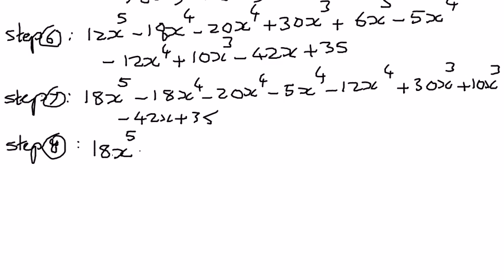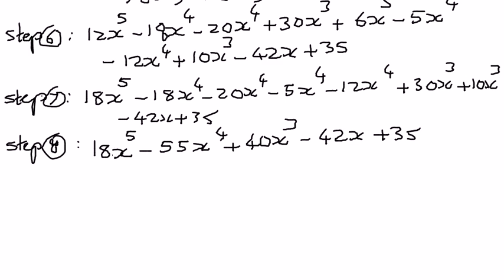When we add them up, it is going to come out as negative 55x to the power of 4. And then we have plus 30x to the power of 3 plus 10x to the power of 3. This is going to be equal to plus 40x to the power of 3 minus 42x plus 35.